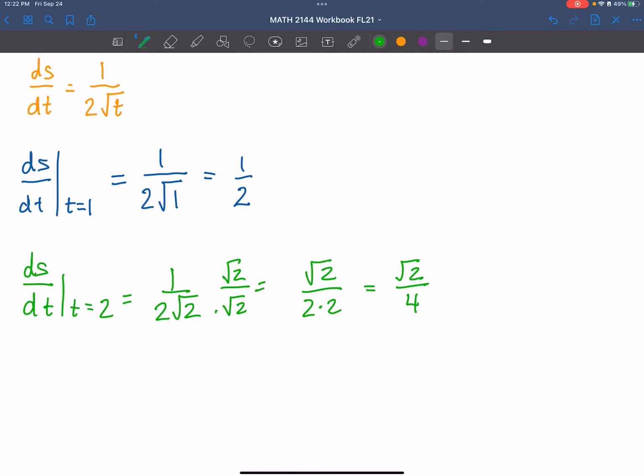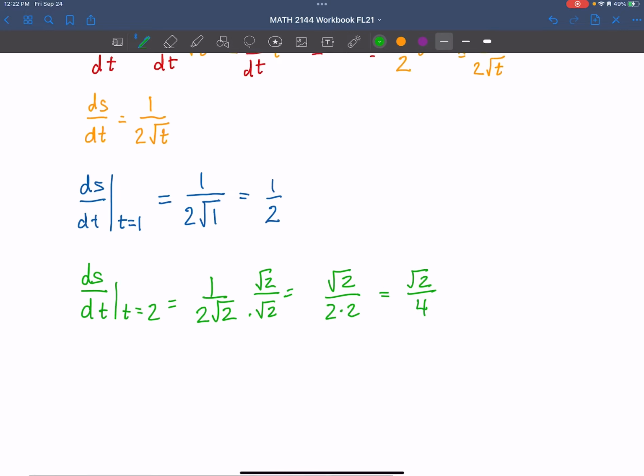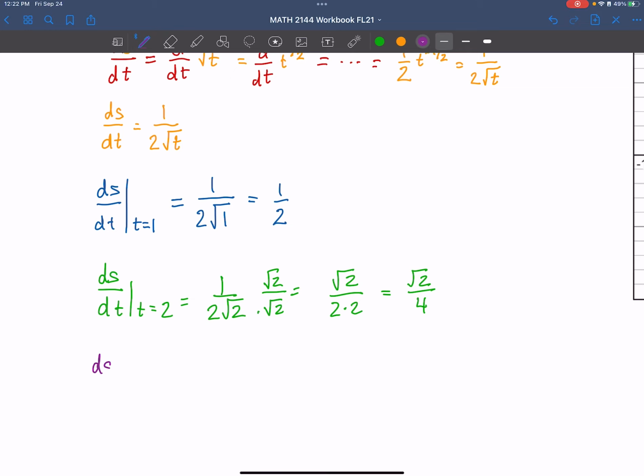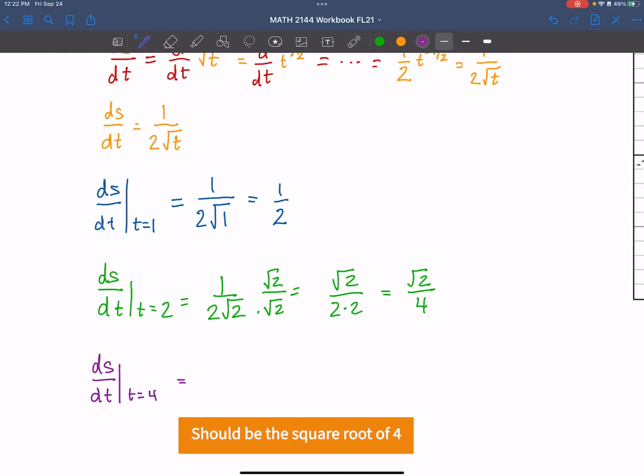That's typically what you'll see if it's a multiple choice example, or as you see the viewing examples. I don't think the homework gets picky, but realize that you'll typically see radicals out of the denominator. Then the other scenario is ds/dt evaluated at t equal to 4, which is going to be 1 over 2 root 2, or 1/4.